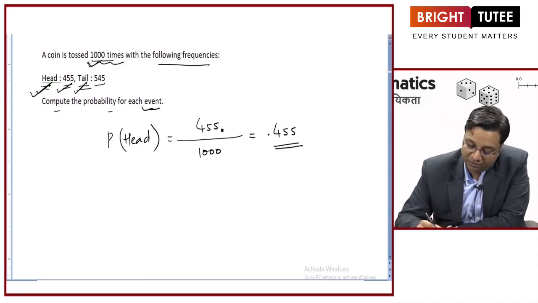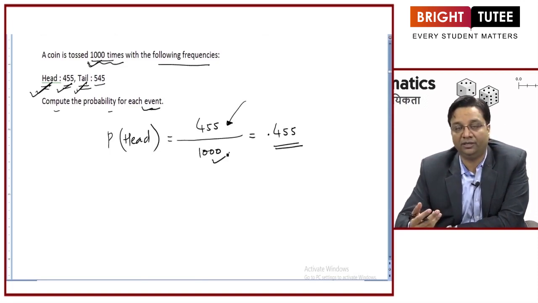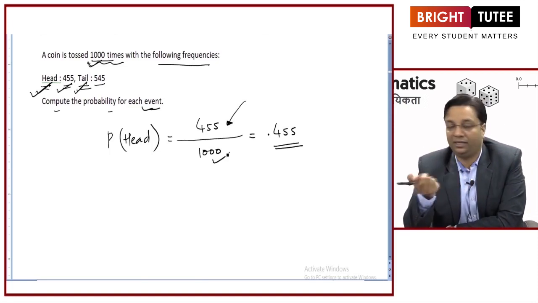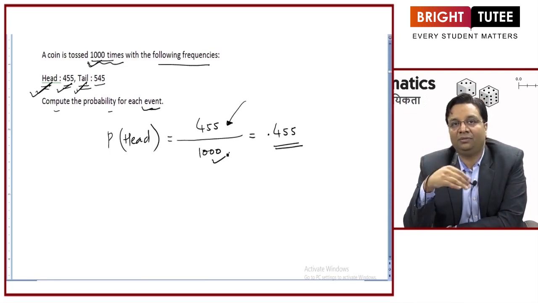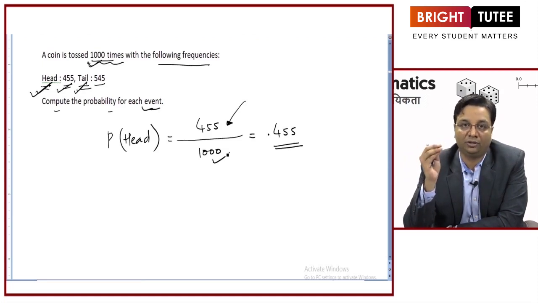Now you observe that in the numerator you will always have a number which is out of this denominator. Let us say you are performing an experiment 100 times. So the event can occur maximum 100 times, right? The event for which you are calculating the probability can occur maximum 100 number of times or minimum 0 number of times.